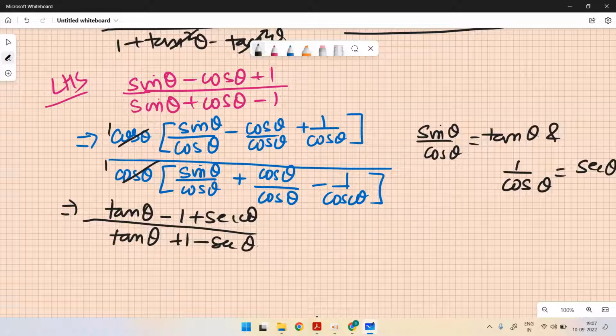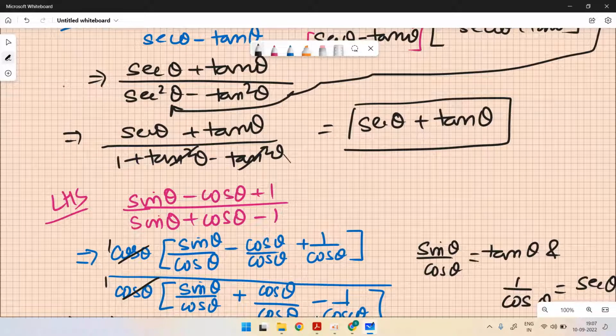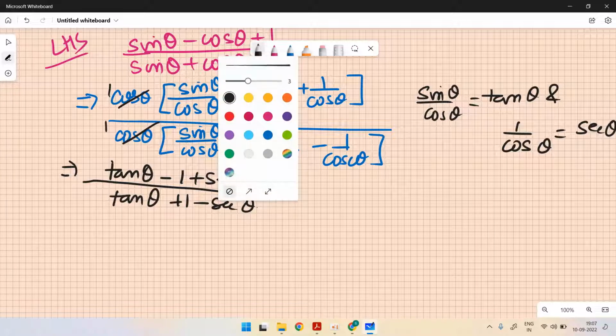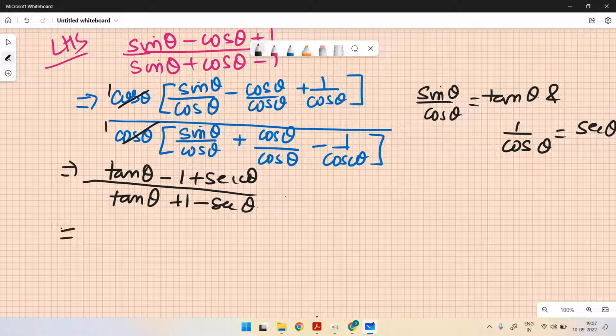So if you see this LHS, this is secant theta plus tan theta. If you rewrite this expression, there is no denominator, so I need to remove this. My denominator, I need to remove this.